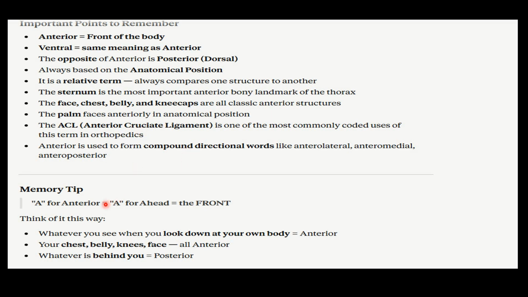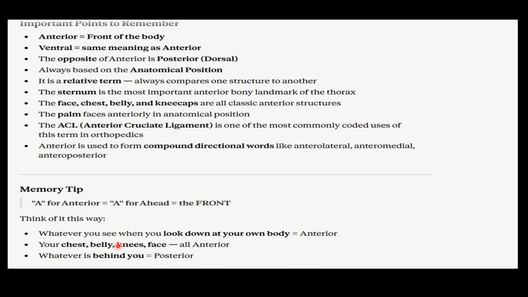Now we have an idea of what is anterior and what is ventral. Now I'll give you some tricks to learn this. The memory tip is A is for anterior. A means ahead, right? So remember that anterior starts with A, which means ahead of something, that is front of something.